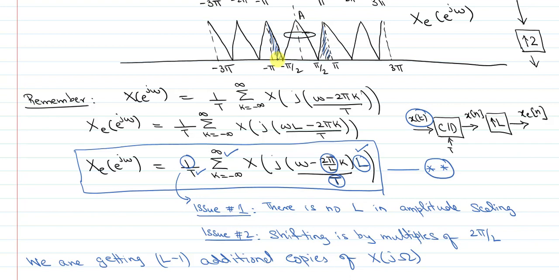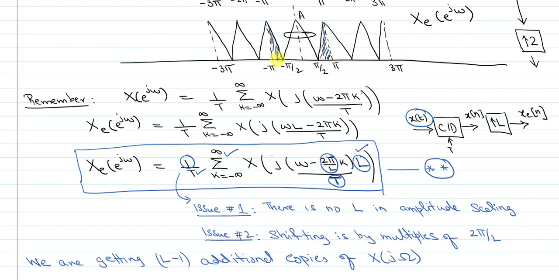We are getting additional copies, we need to get rid of them. Now, in signal processing, getting rid of frequencies is very easy. We do a filtering operation, and the frequencies that we don't need, we just multiply them with 0 in the frequency domain. So what kind of filter do we need?